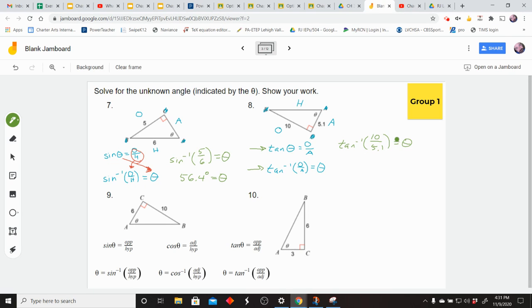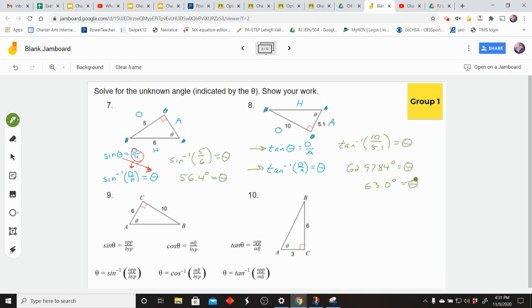So ask your calculator, inverse tangent 10 divided by 5.1, and here's what I got: 62.9784, et cetera, degrees. I'm going to round this off. When you round this off to the nearest tenth of a degree, you end up with 63.0 degrees, which is theta. So that's how that works.